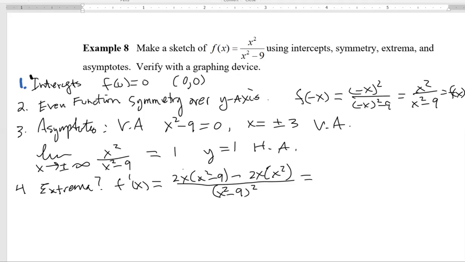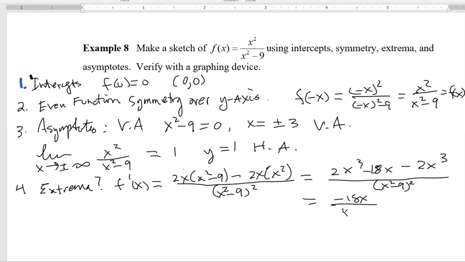That reduces to 2x to the third minus 18x minus 2x to the third, over x squared minus 9 squared. That is just negative 18x over x squared minus 9 squared. And you can see that that's equal to 0 at x equals 0. So we do have a critical number there.